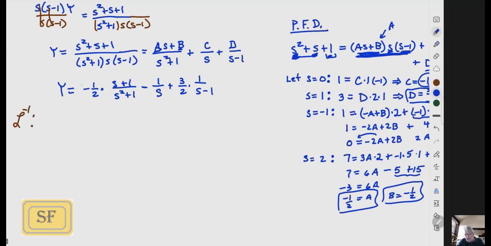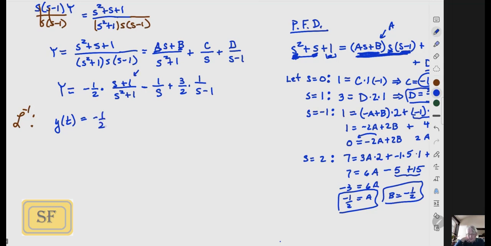I get minus 1/2 times the inverse Laplace, and I'm going to break this up into two terms. Well, we'll keep it in one inverse, but two terms.